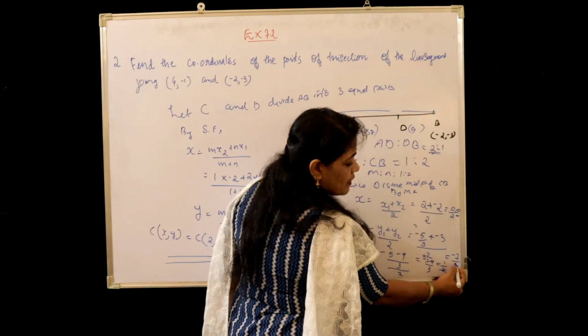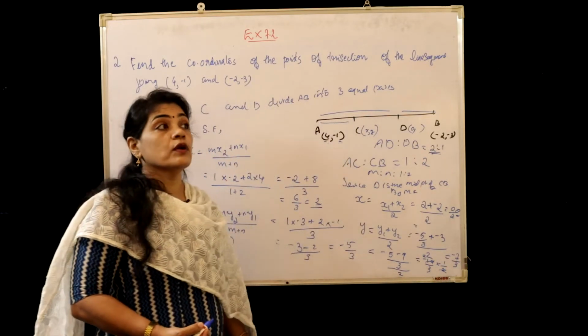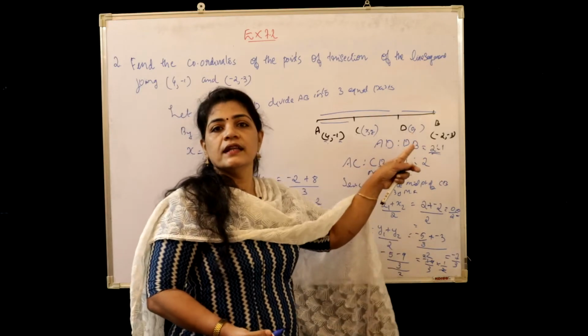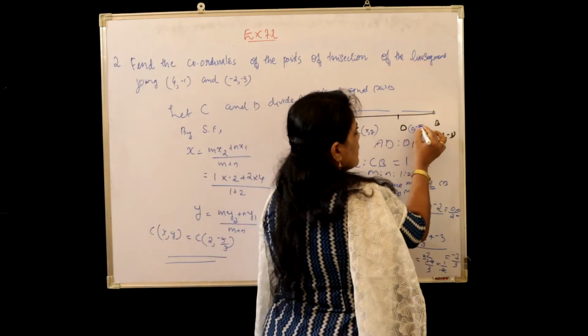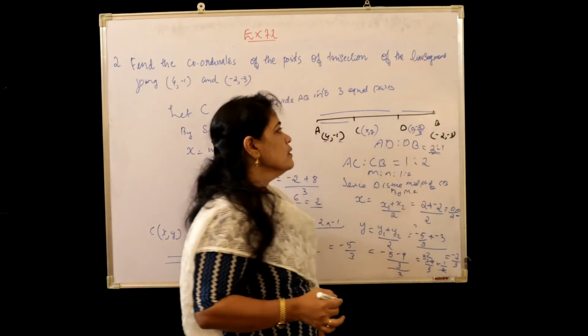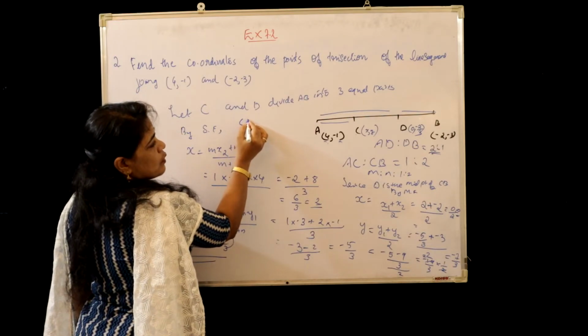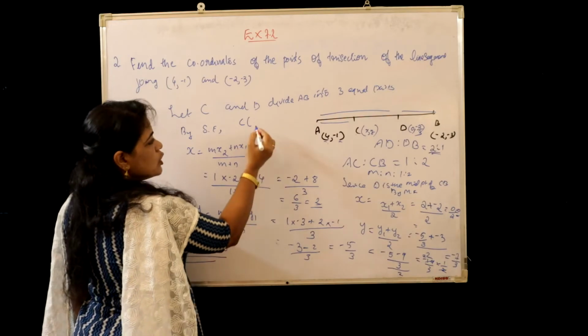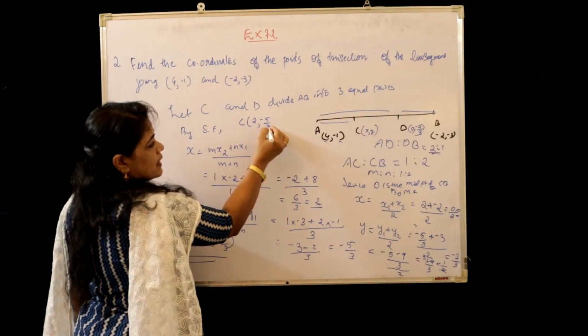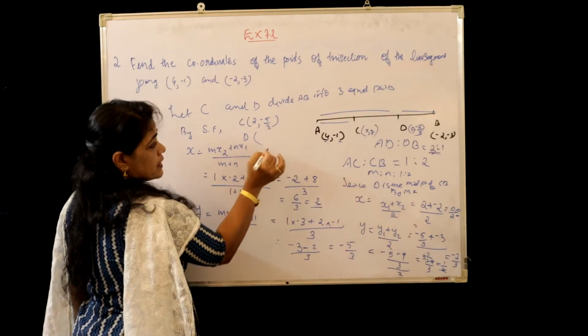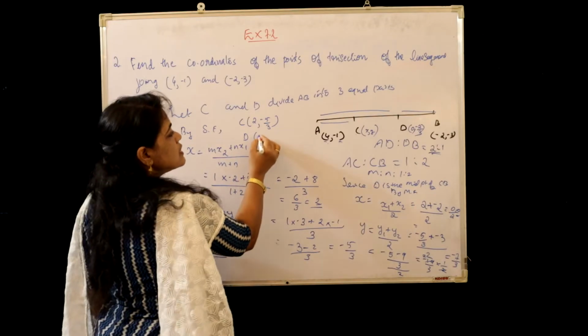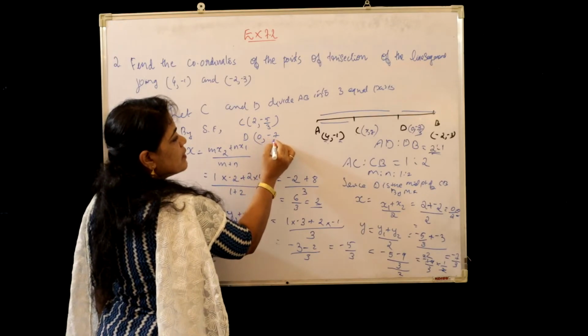Minus 7 by 3 is the y coordinate of this point D. So this is the final conclusion. We have seen that the coordinate of C is 2, minus 5 by 3, and the required point D has coordinates 0 and minus 7 by 3.